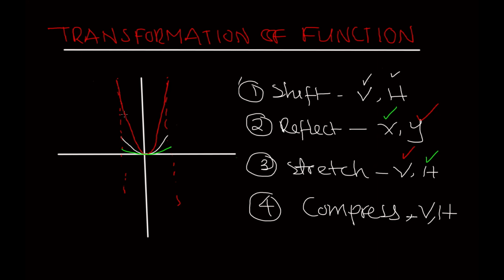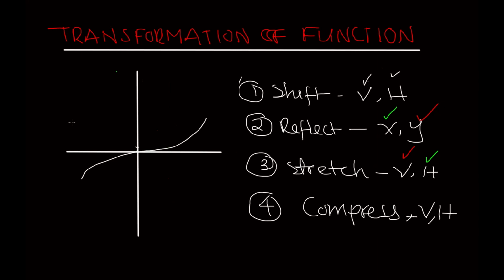Then I can have a graph like this. So this is a graph. Then I take this same graph, I bring it in like this, then I bring it there like that.